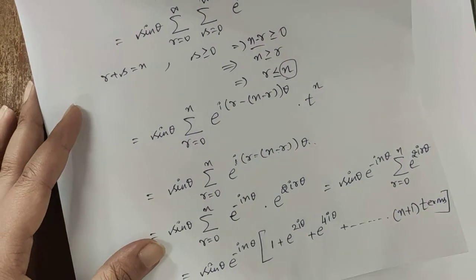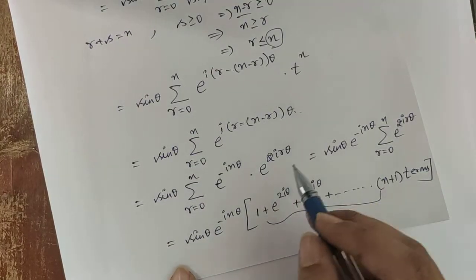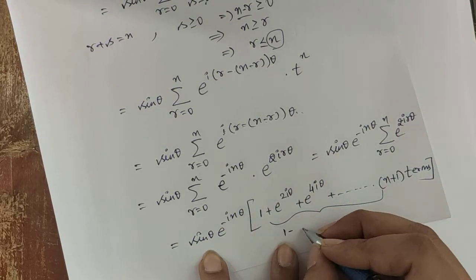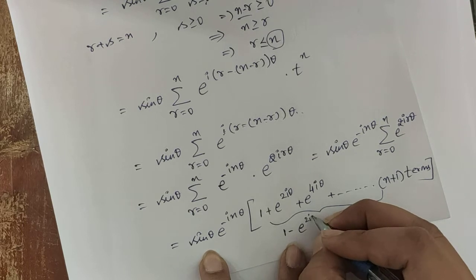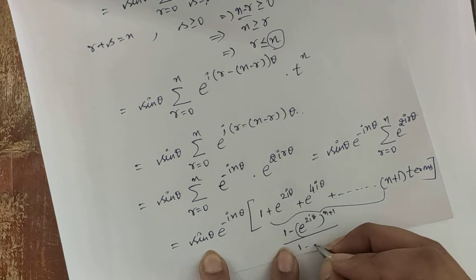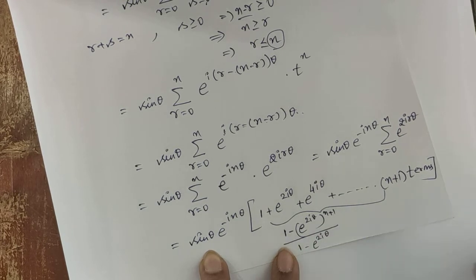That is nothing but this whole term using geometrical series. I can write this as (1 minus e power 2i theta) whole power n plus 1 divided by (1 minus e power 2i theta), right?